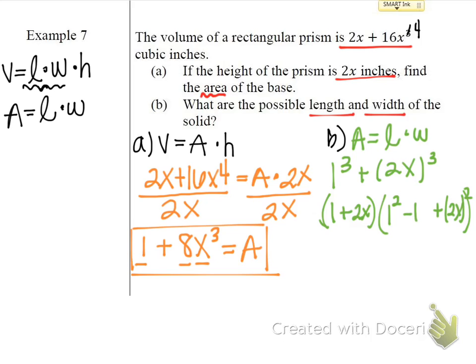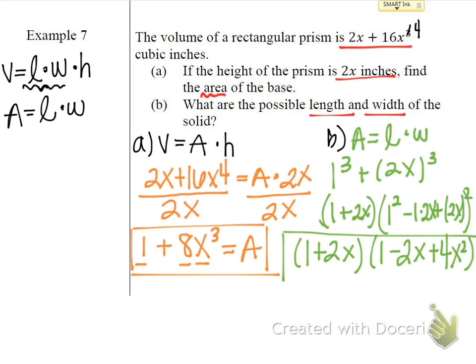And then the middle is the 2 multiplied together. So when I simplify this all of the way, that leaves me with 1 plus 2x times 1 minus 2x plus 4x squared. 1 plus 2x is your width and the other factor is your length.